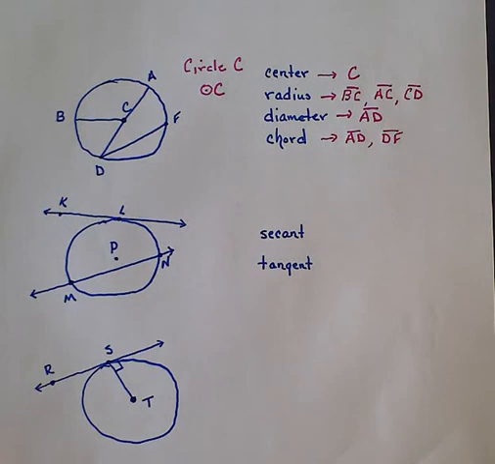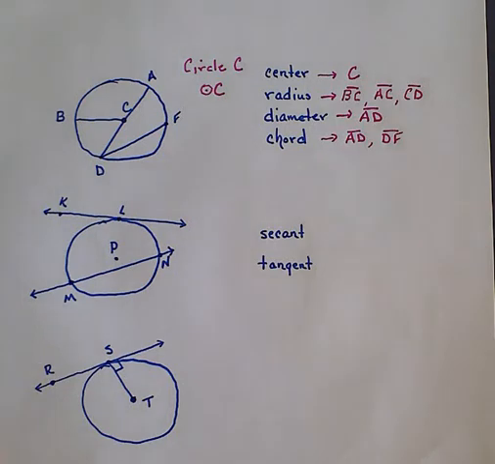In the next figure you see circle P. In circle P, we have two lines passing through it. We have the line KL, and we have the line MN. Notice that KL only touches the circle once. Line MN passes through the circle twice. That is the distinction between the two types of lines you see to the right. A secant line is a line that passes through the circle exactly 2 times.